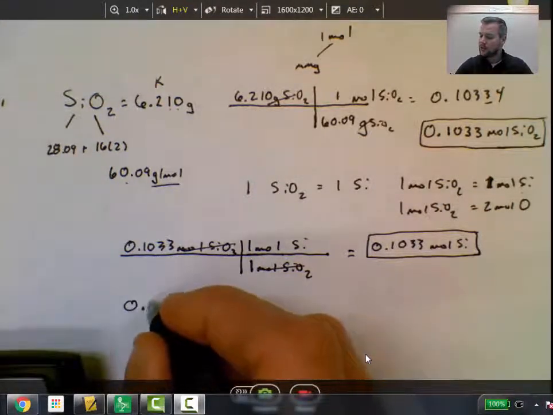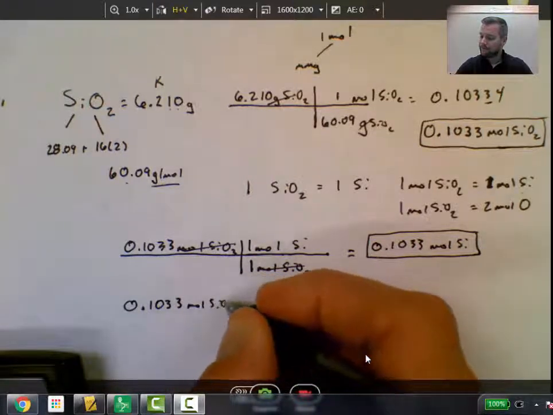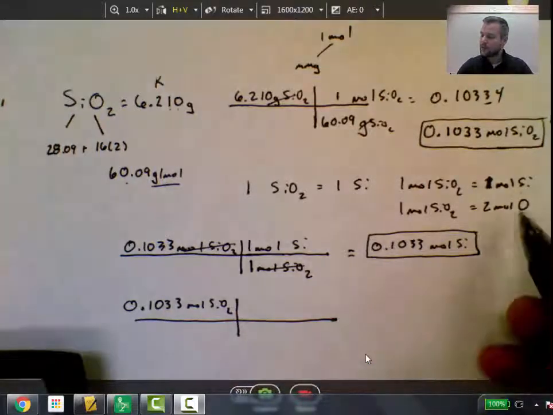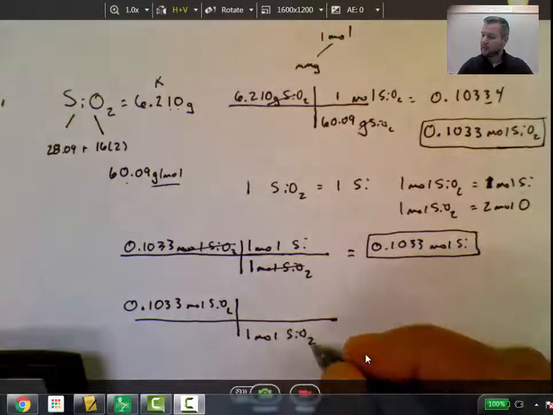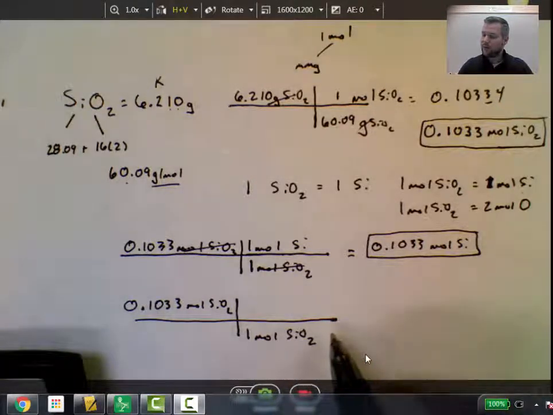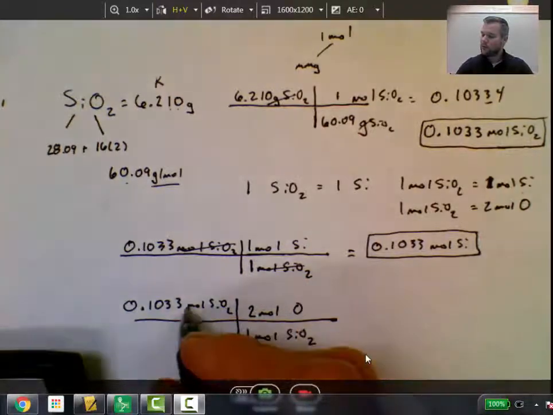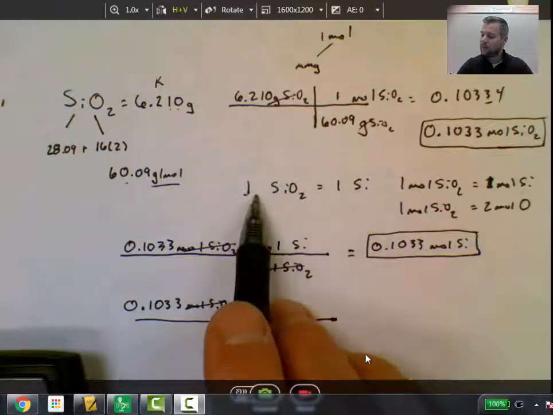You're going to again start with the amount of SiO2 you have, and you're going to convert this into moles of oxygen. So for every 1 mole of SiO2, I need my moles of SiO2 to cross off, I have 2 moles of O. So again, I have this container. For every 1 container, I have 1 of these. For every 1 container, I have 2 of these.